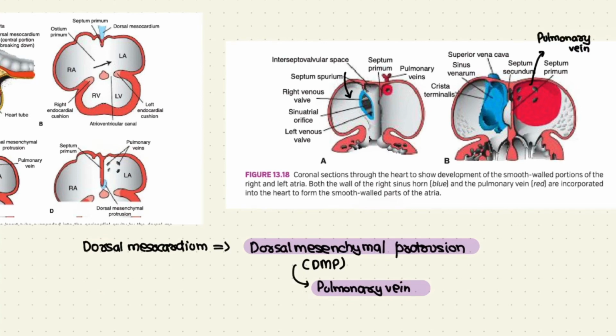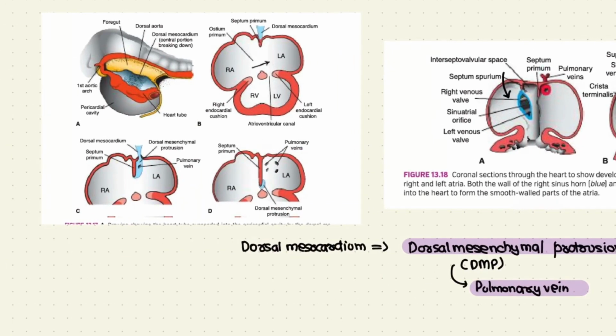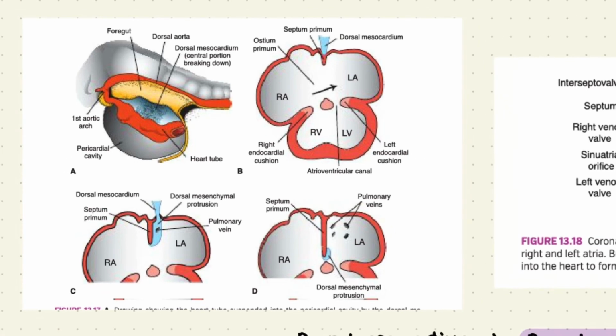The heart tube was attached to the dorsal portion of the pericardial cavity by a dorsal mesocardium. The dorsal mesocardium's central portion breaks down, and we ultimately just get a small piece of it.